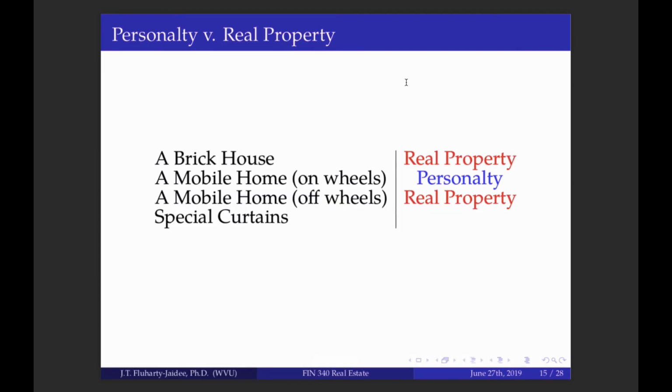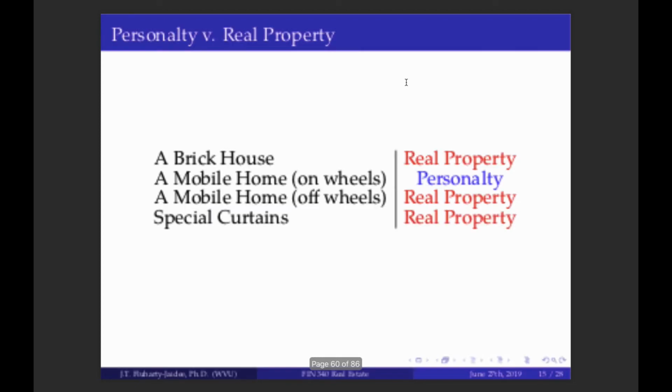Special curtains. Okay? This is a very unique item, but it drives home the point that if something is created specifically for the property that would not be used anywhere else, even though it's removable, it is considered part of the real property. Okay? So again, if something is created specifically for that property, even if it is movable, if you can take it out, it is still considered part of that real property because it is specific to the real property itself.